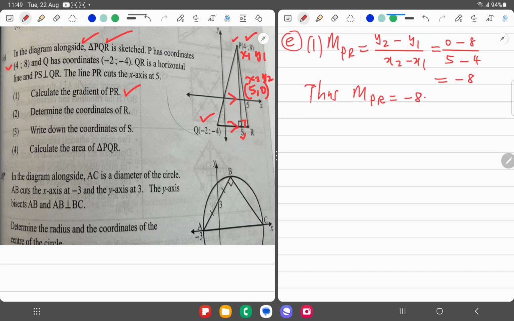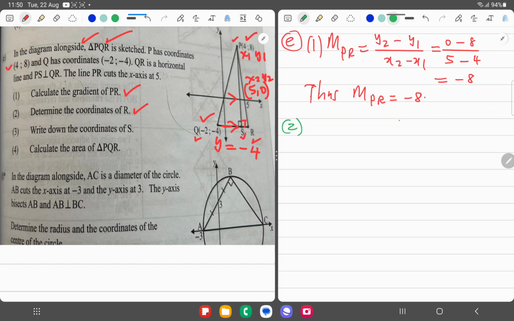Right, so at number 2, if you need to determine the coordinates of R, it is very straightforward. The thing you need to realize is that the line QR is parallel to the x-axis. So if it is parallel, the equation of the line is y equals -4.